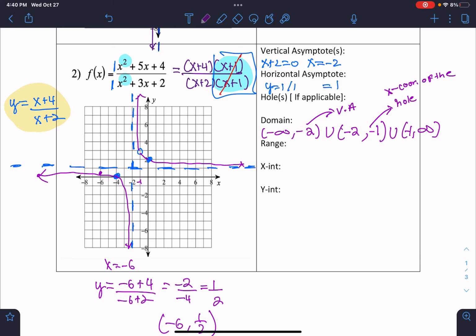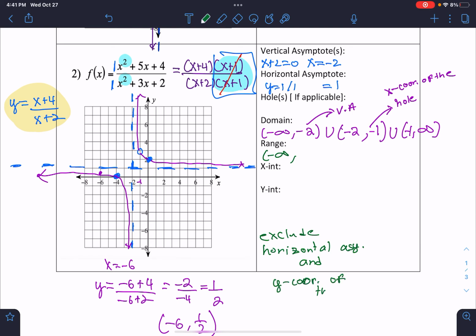So let's go ahead and do the range. For the range, you want to exclude two things: the horizontal asymptote and the y coordinate of the hole.